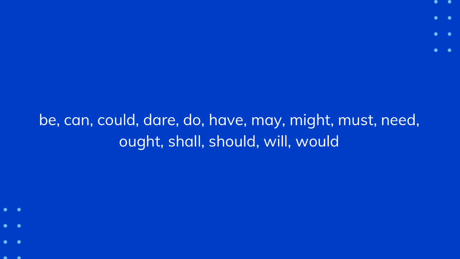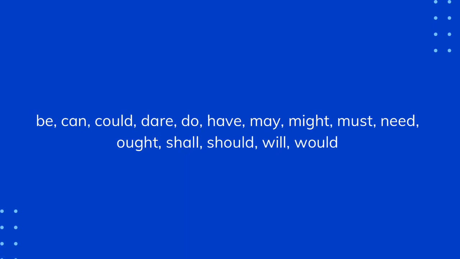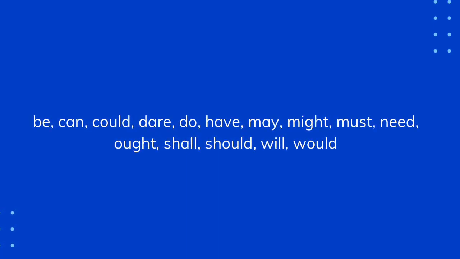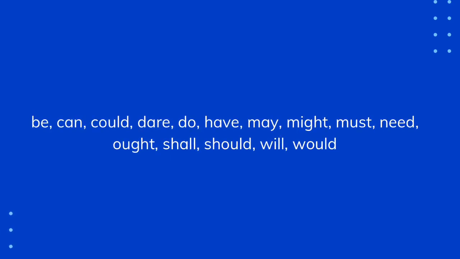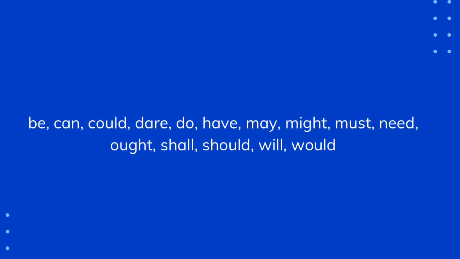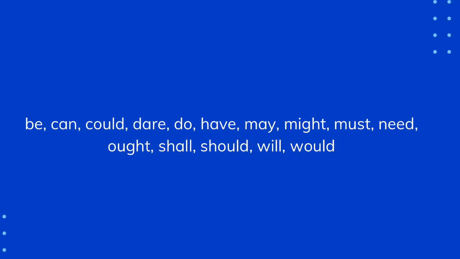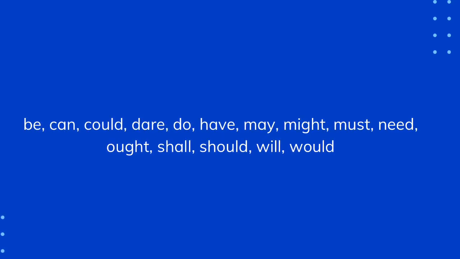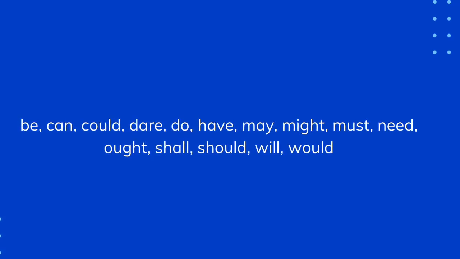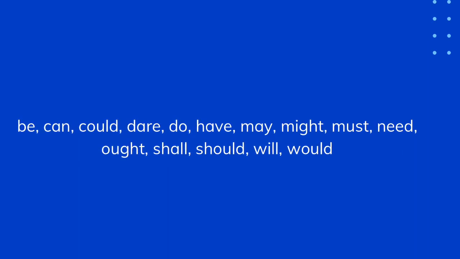The main auxiliary verbs in English are be, can, could, dare, do, have, may, might, must, need, ought, shall, should, will, and would. They are auxiliary in any tense. Let's look at some examples of auxiliary verbs in sentences.